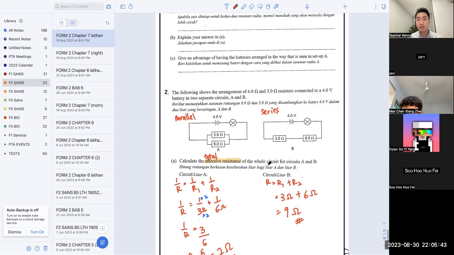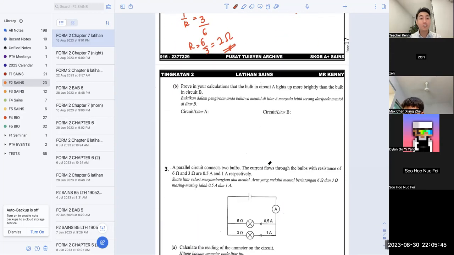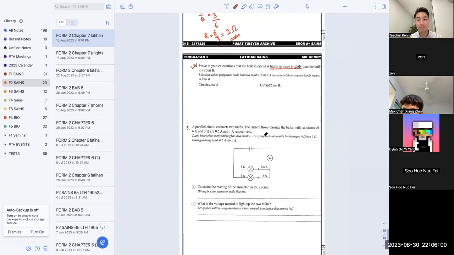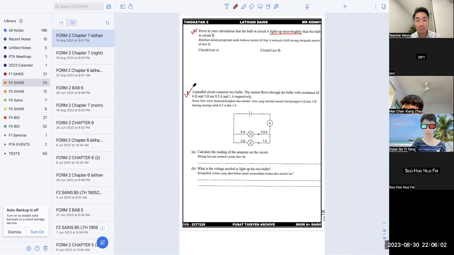Okay. Now, homework, try this one. Lights up more brightly, what does it mean? You can rewatch the recording and see I did mention something about brighter and not bright. What am I calculating? Take time and do this homework.